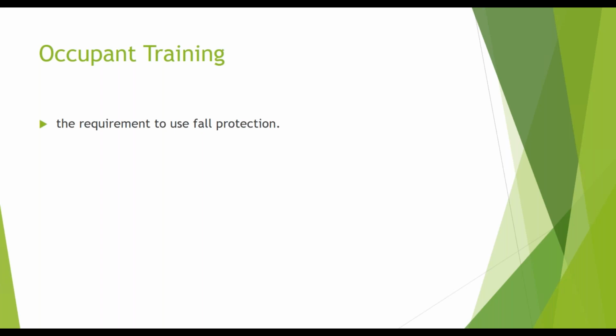So the first thing that they are covering in the occupant training is the requirement to use fall protection and how to use that fall protection. This is number one, because usually that occupant in the basket is most likely going to be the worker that is performing the task that they are getting to that height to complete. So it's important for them to know the fall protection requirement.